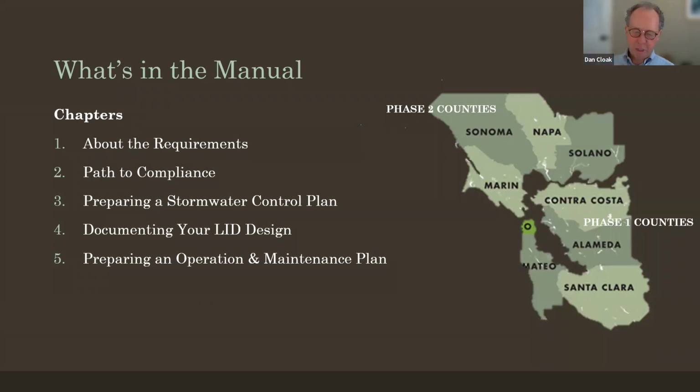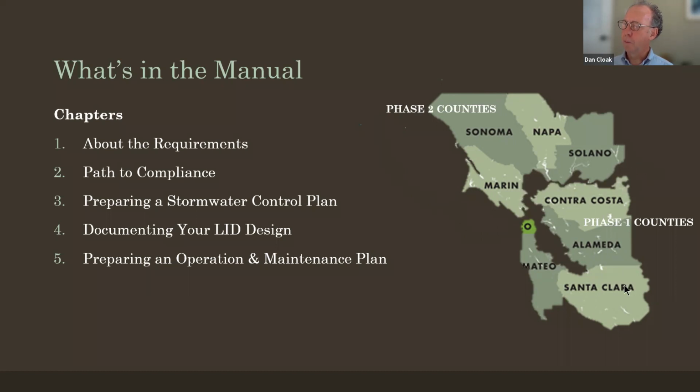So in this section, we'll review what's in the manual. The manual that's used in the 4 North Bay counties is kind of a condensed version.